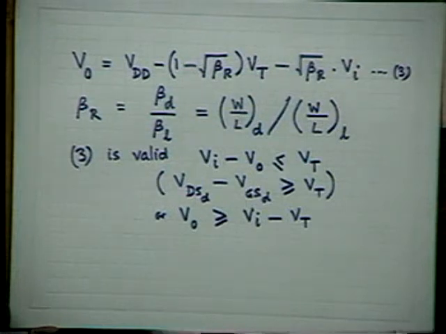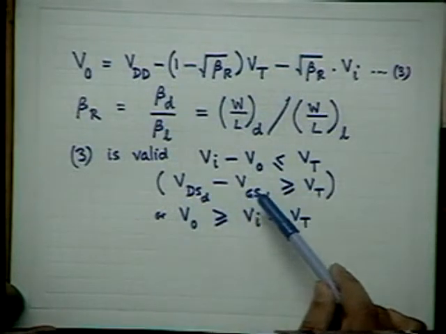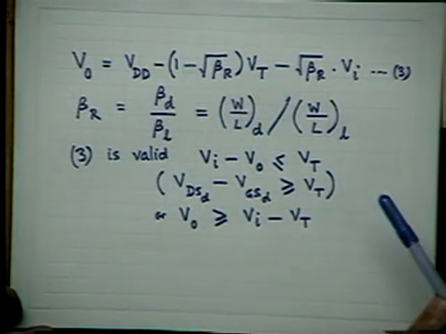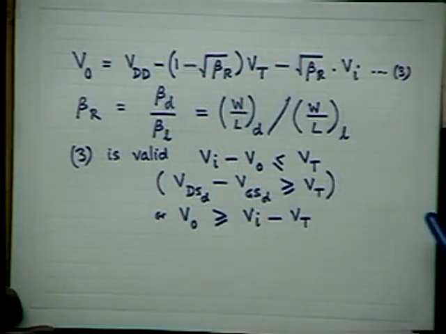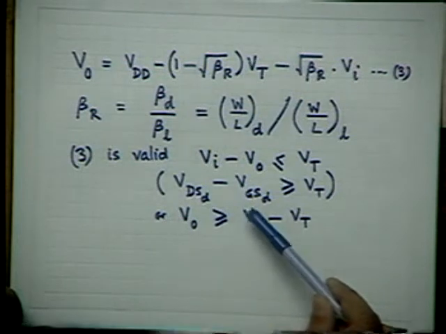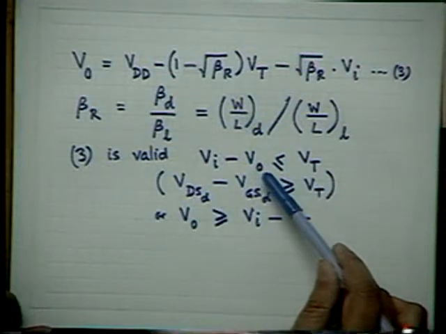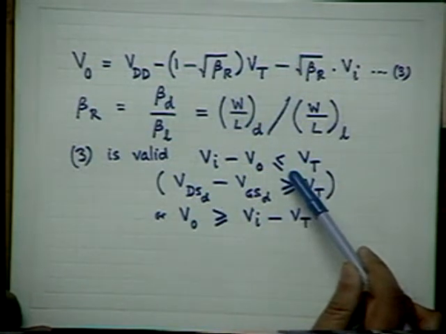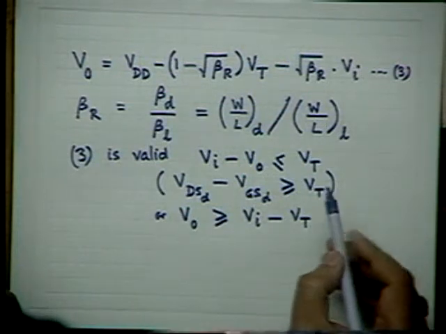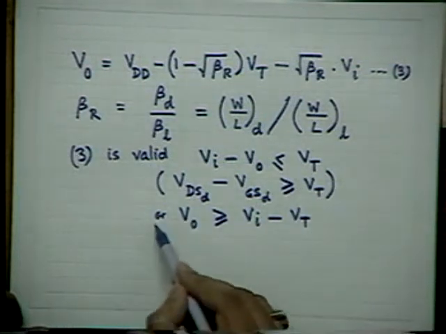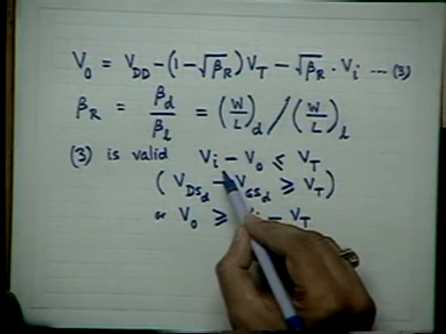VO we are assuming to be in high state. Just a minute. We are assuming the drain bias for saturation. We want to keep this driver transistor in saturation. So what I have to do for that? I have to make this condition that VGS minus VO should be, yeah, it will be just the opposite. I have written in the opposite fashion. Sorry, this must be corrected.